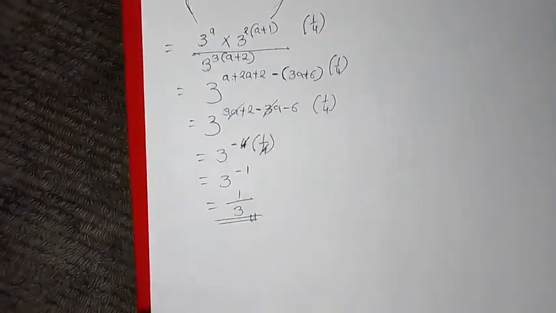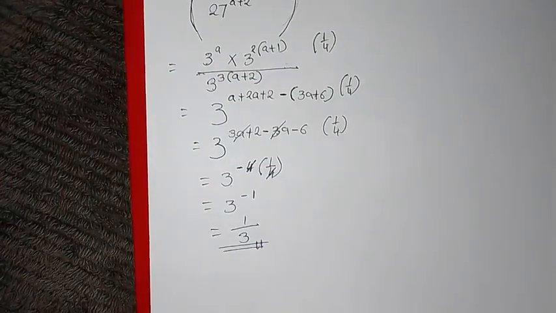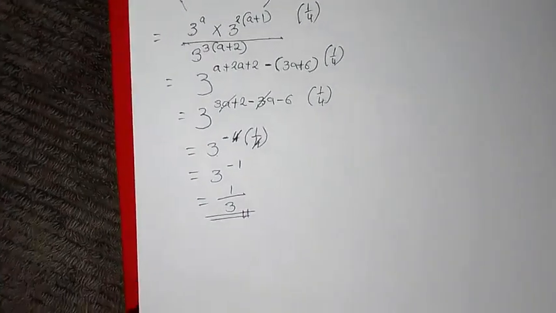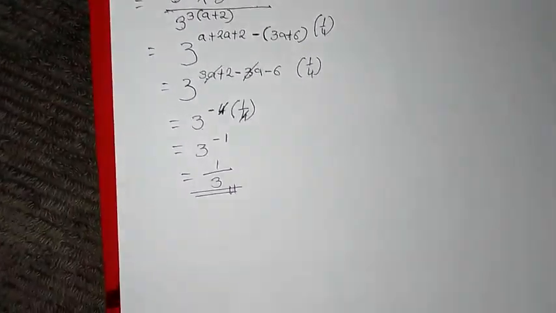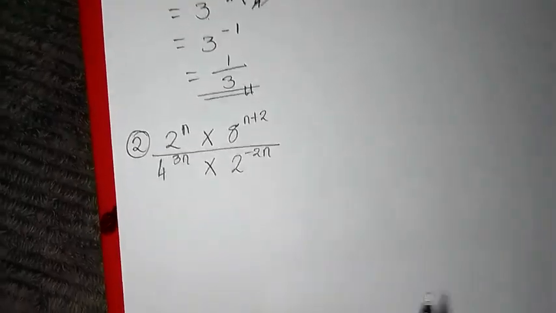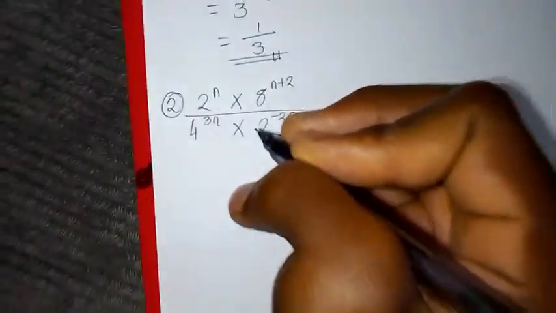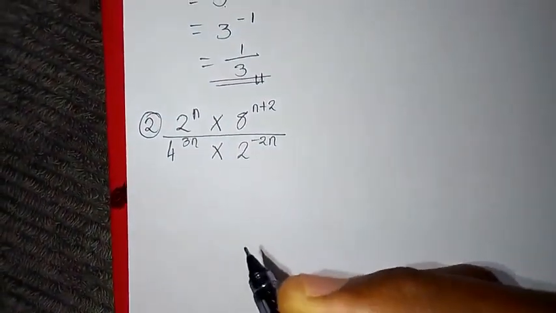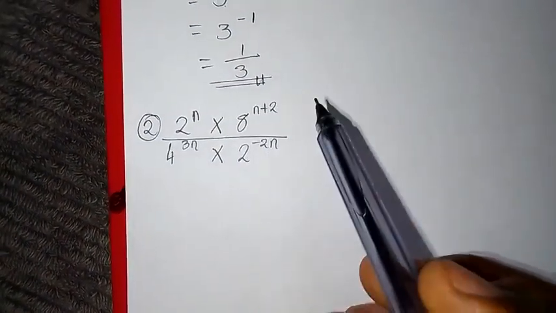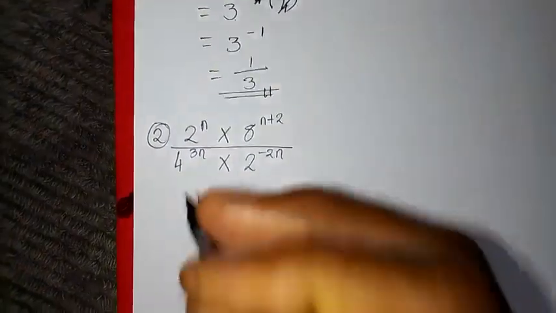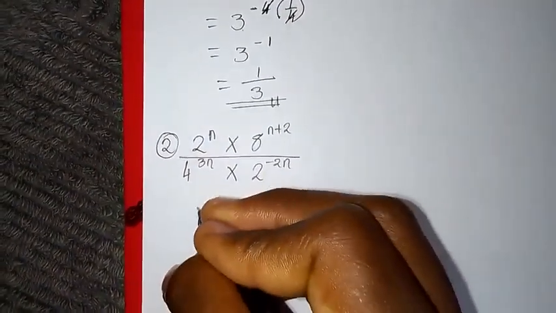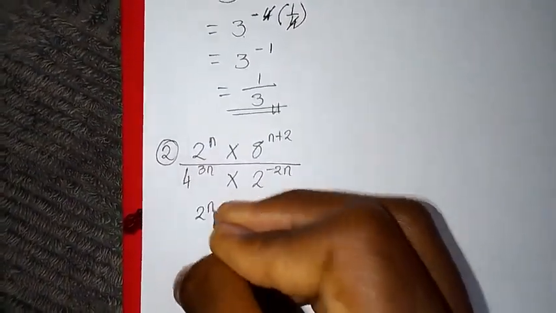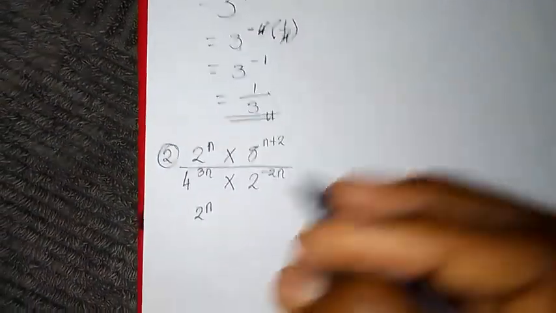That's it for this example. That's the answer. So the next question. So here's another example on the same topic. So here we also make the bases the same, since there is no root symbol. So this is going to be 2 power n multiplied.